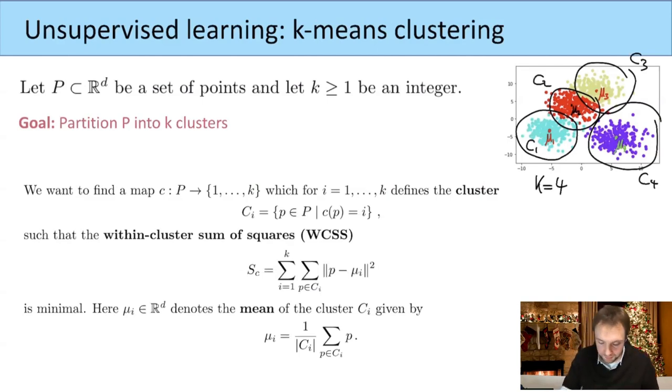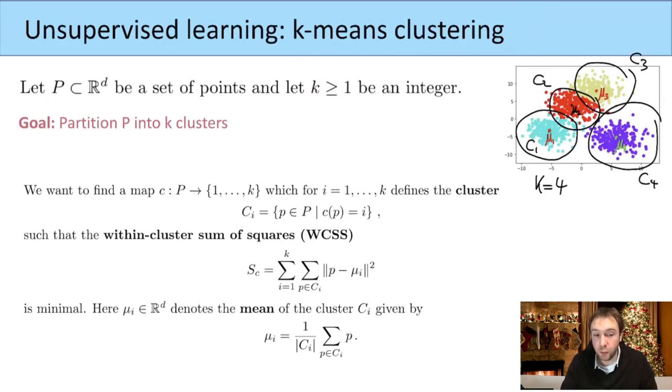Is this basic idea here clear? So we fix the k and we have the set P. And what this algorithm will do now is exactly try to find these clusters.